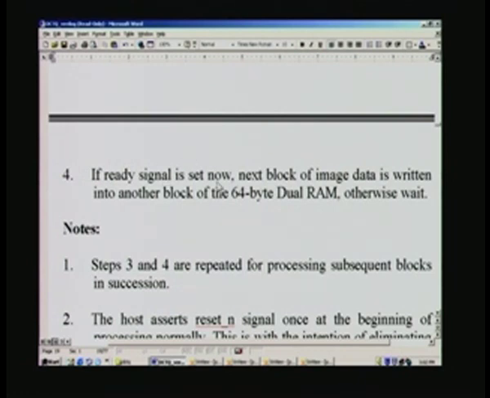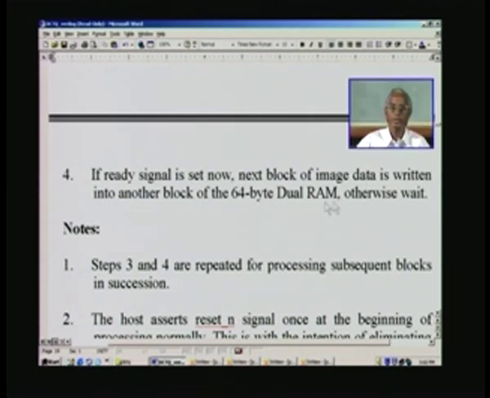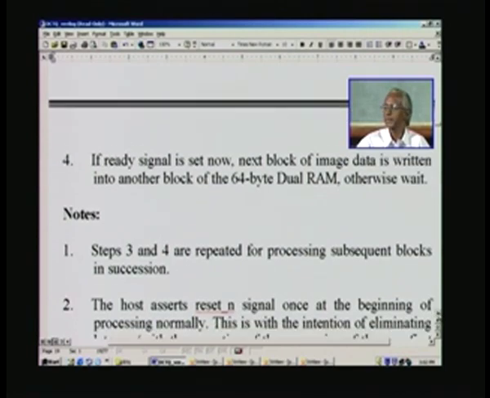If the ready signal is set now, the next block of image data is written into another block of the 64 byte dual RAM, otherwise you wait for that. This is the role of the host, and this wait can be either polled mode or interrupt mode as far as the host processor is concerned, preferably the latter.